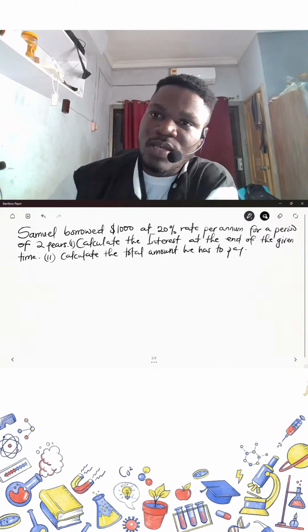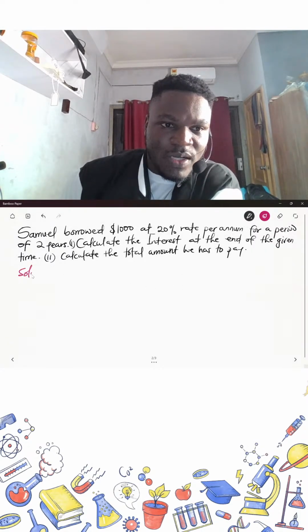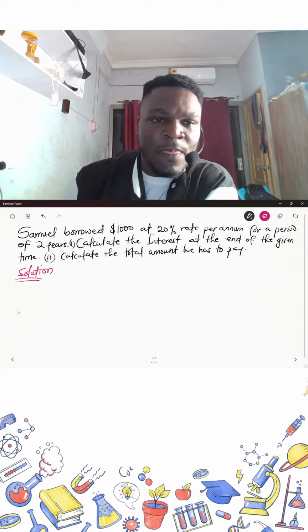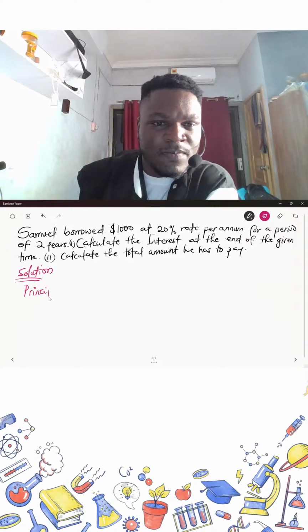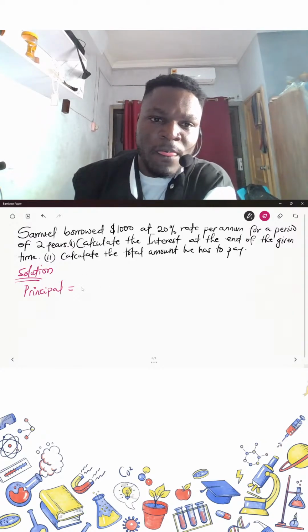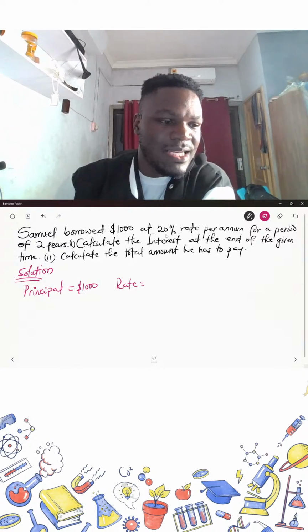So let me use this so that we can see. So solution. Right. So if we look at the problem, we realize that we have the principal, the amount of money that we borrowed, is $1,000. Okay. And then the rate that was given to us is 20% in the question.